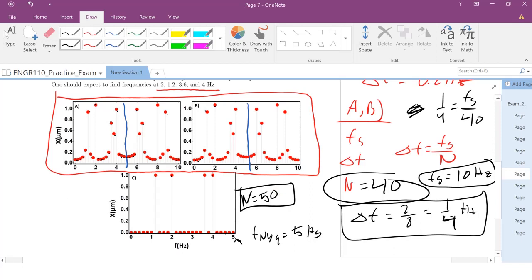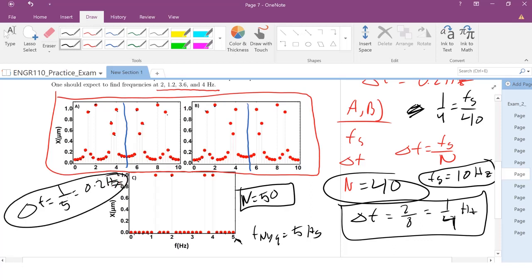What is our delta F? Again, same procedure. I have one value here, so 1, 2, 3, 4, 5. So I know that my delta F is just going to be 1 hertz divided by 5, so 0.2 hertz for this one.